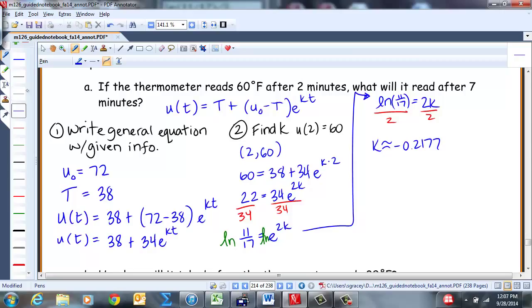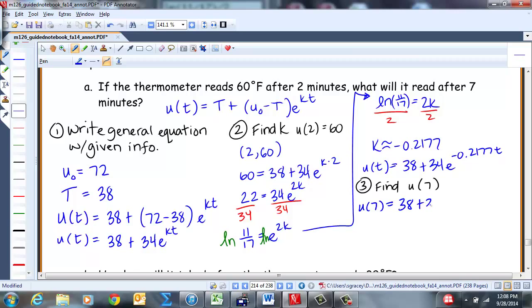So now what's our model? Our model is u at t is equal to 38 plus 34 times e to the negative 0.2177 times t. So finally, we can find the end result. We need to find u at 7. So u at 7 is 38 plus 34 times e to the negative 0.2177 times 7.